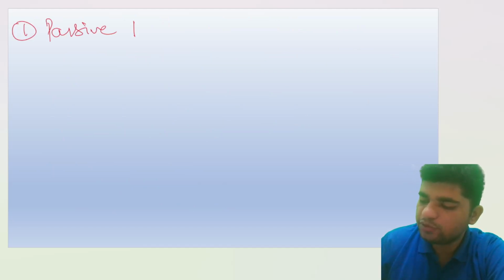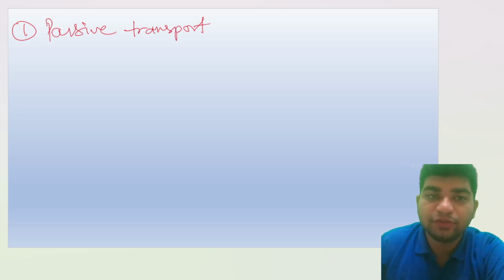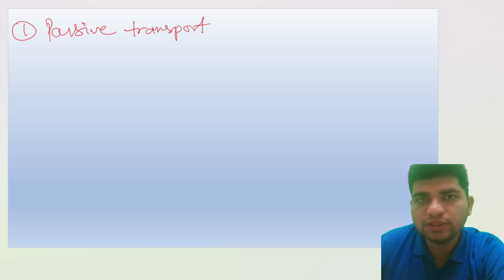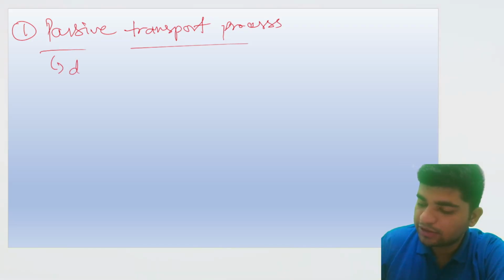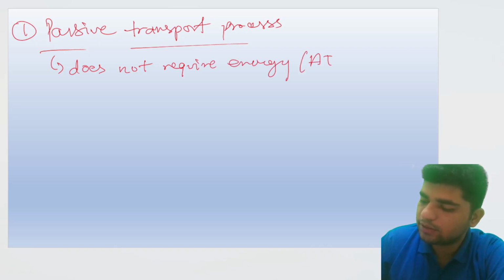Don't be confused with passive diffusion. This is not passive diffusion, it is passive transport. Passive diffusion is a part of the passive transport process. It does not require any energy, that is ATP.